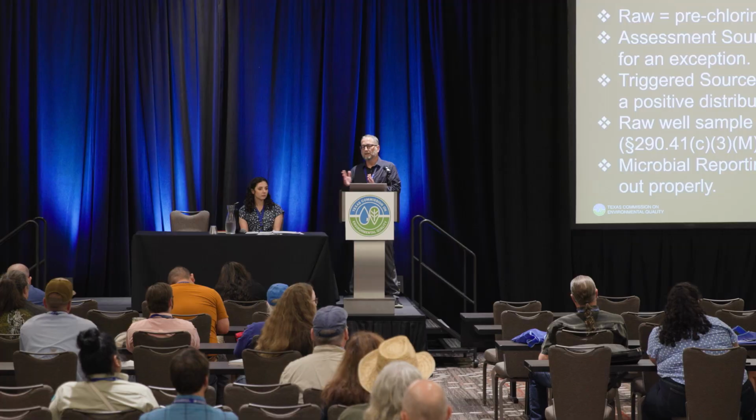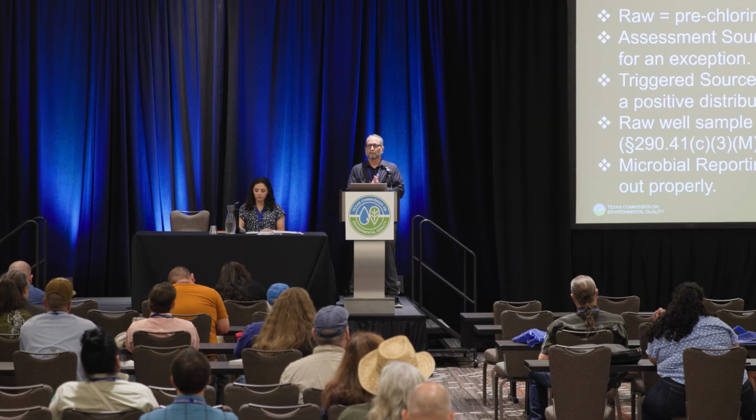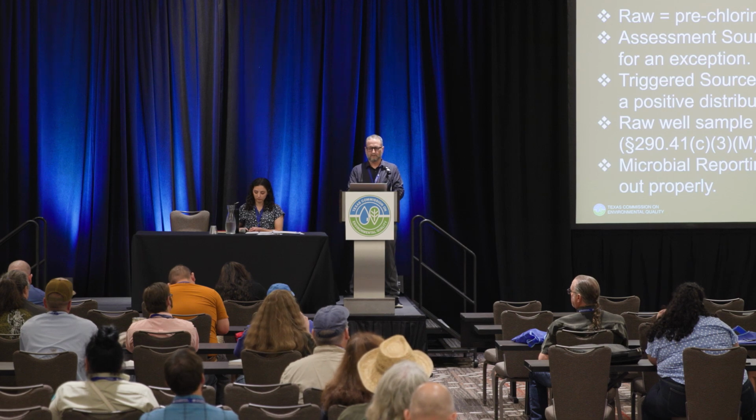But basically, even though it's raw, and we all know it should be raw with no disinfectant, we still have to, in the field, measure and record that residual just to prove that it's a raw sample. Sometimes we get the forms in, and that disinfectant field is blank, and that's going to be a rejected sample because you have to prove that it's a raw sample.